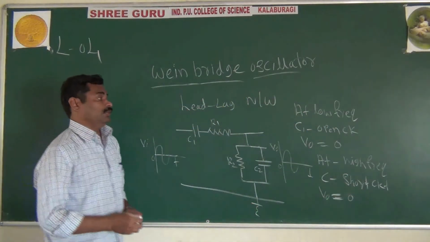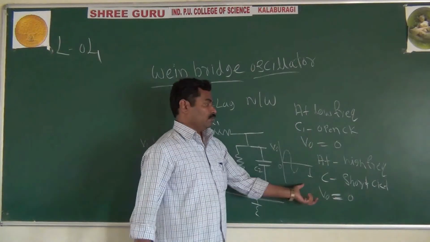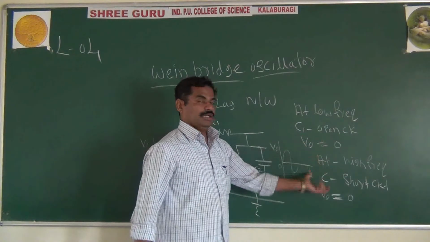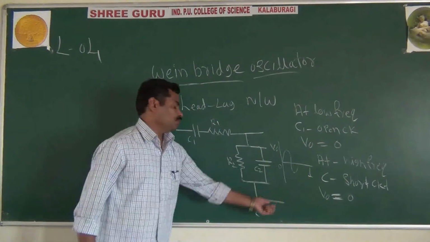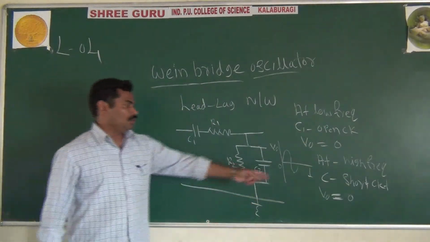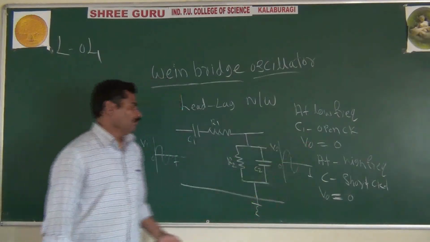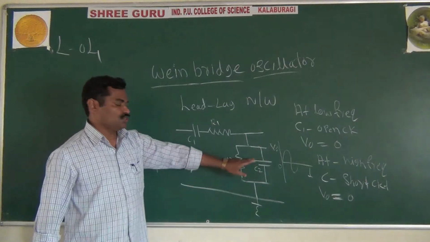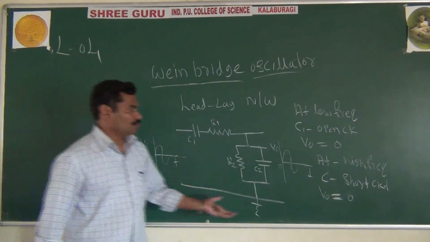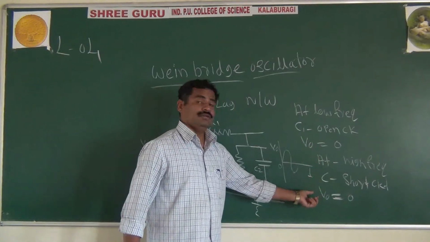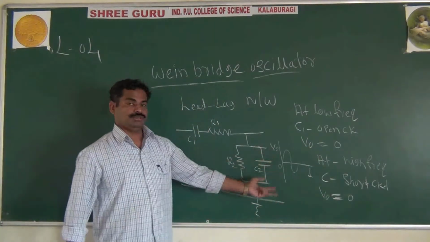But only in between low and high, we are having the output voltage. At low frequency, the output is 0 because your capacitor acts as an open circuit. But at high frequency, your C2 acts as a short circuit, and that's why your output is 0. But in between low and high, you are having the output voltage.